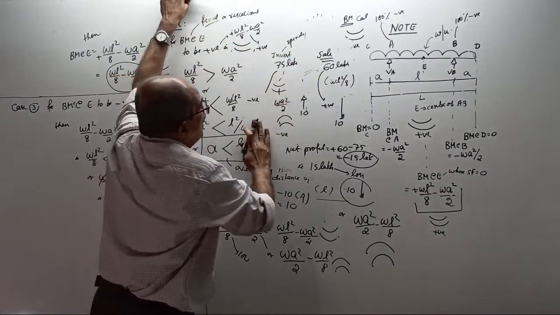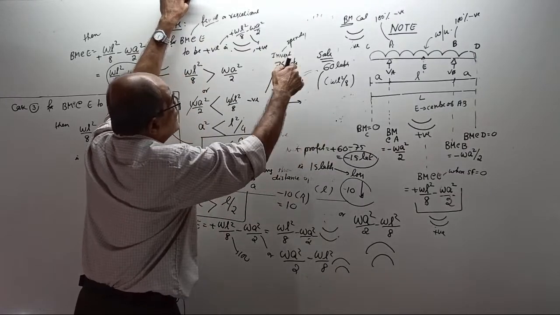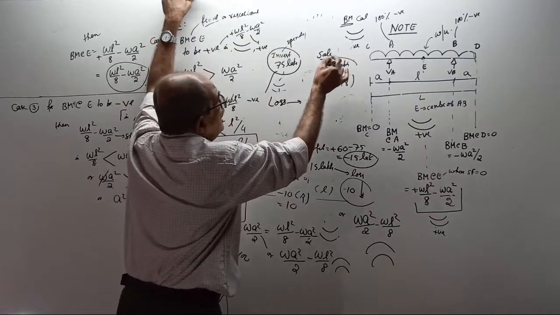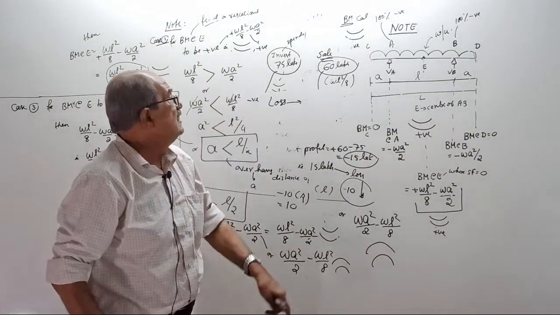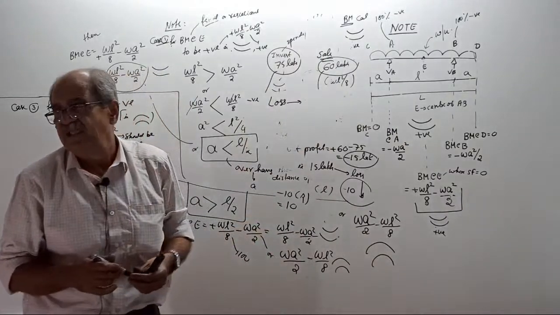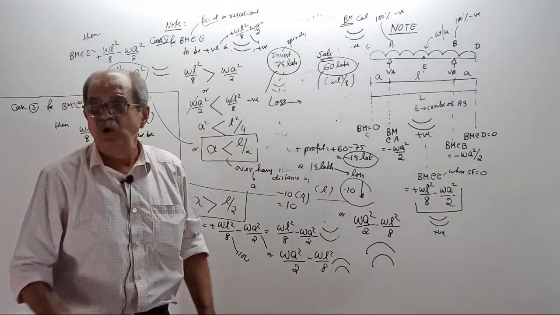See, if you want to write the loss here, tell the answer. 75 you spend, 60 you get back. If you want to find the loss, shall I do 75 minus 60 or 60 minus 75? Tell the answer. If I directly want the loss, I know it is a loss.